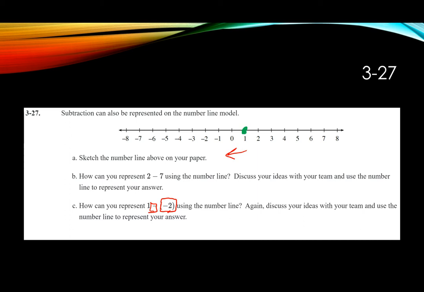And if I'm moving in the negative number on a number diagram, we are instead going to be moving in the opposite direction. Okay, that negative tells us to do the opposite. So instead of moving backwards, we're moving actually forwards, because subtracting a negative is the same thing as adding a positive.